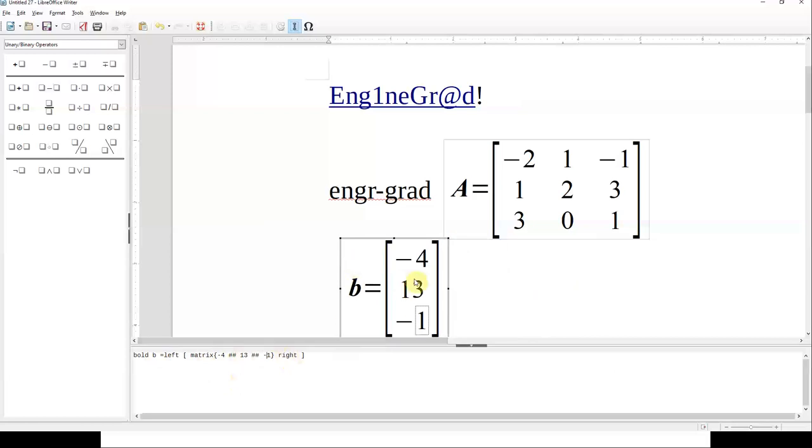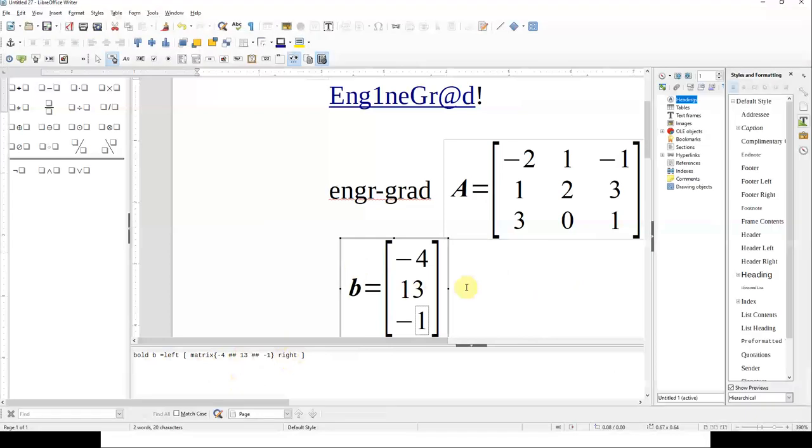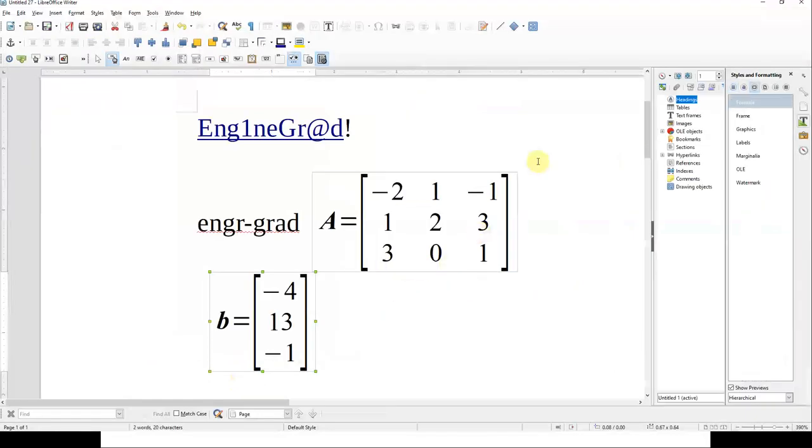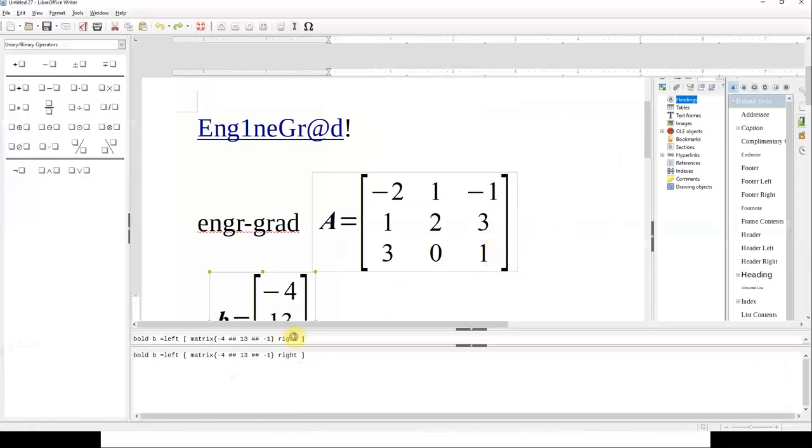That's your B, right? Now we're going to do a multiplication, it's a matrix multiplication. This is how it normally would be done. Please note. We're going to type what X is.